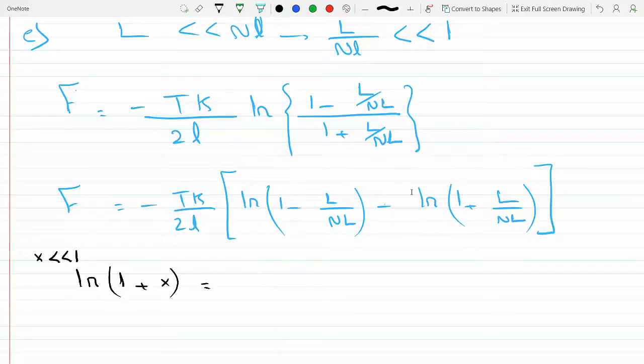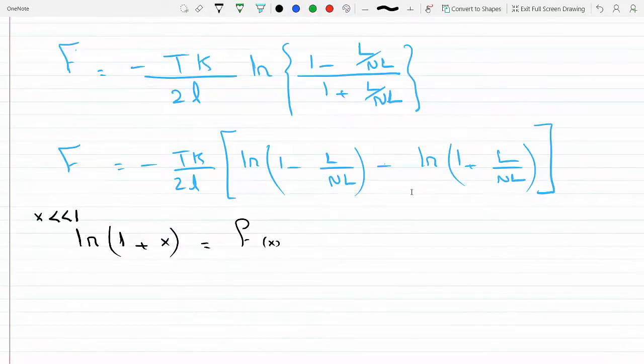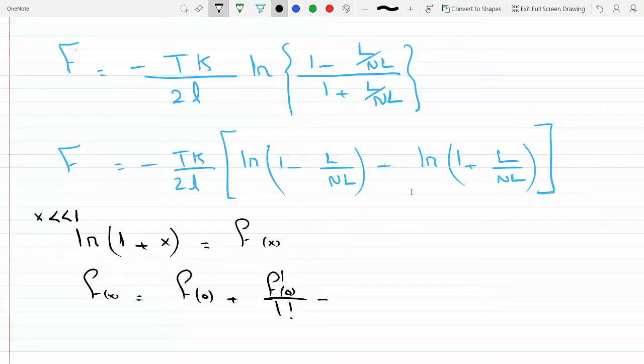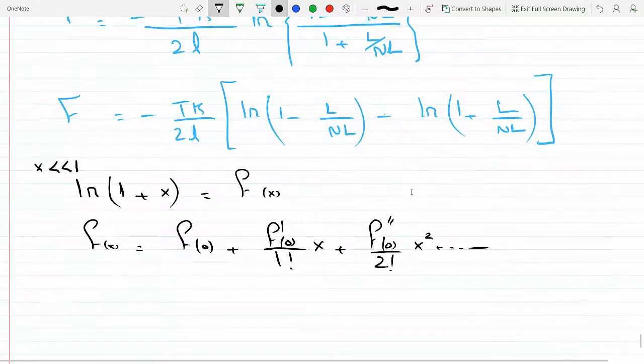If I call this f of x, then f of x would be f of 0 plus f prime of 0 divided by 1 factorial times x plus f double prime of 0 over 2 factorial times x squared plus higher order terms.